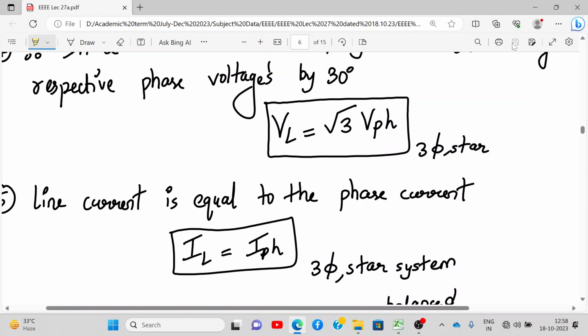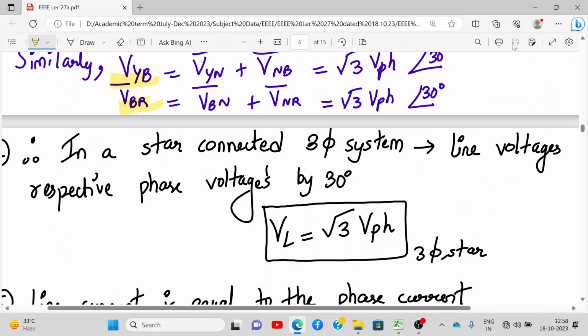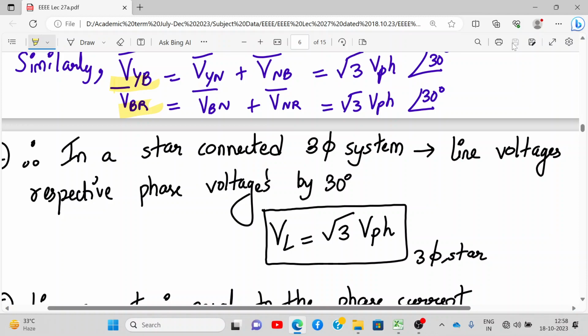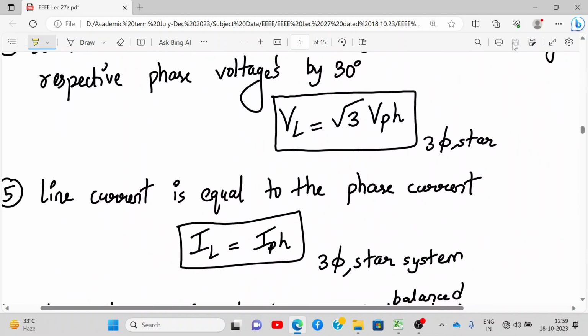VRY, VYB and VBR are all the same. So VL is root 3 times V phase and IL is I phase.